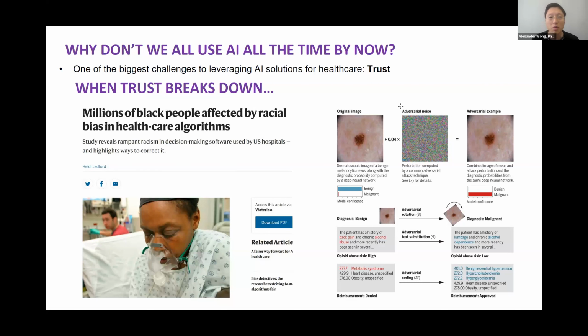So a good example here is an AI algorithm that was built for making decisions on the amount of healthcare to be given to individuals, and it was showing significant biases against the African-American demographic.